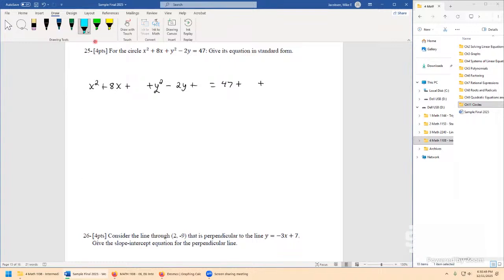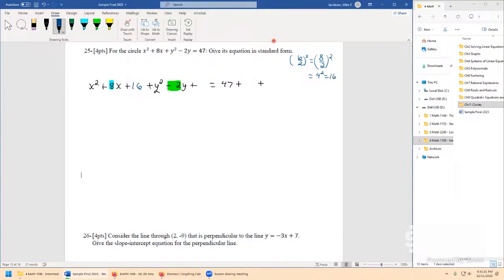Then the formulas we use go like this. We take b over 2 squared. This will be for the x variable first. The b coefficient is 8. Excuse me, it's just b over 2 squared. Not sure where my negative sign came from. So this will be 8 over 2 squared, or 4 squared, which is 16.